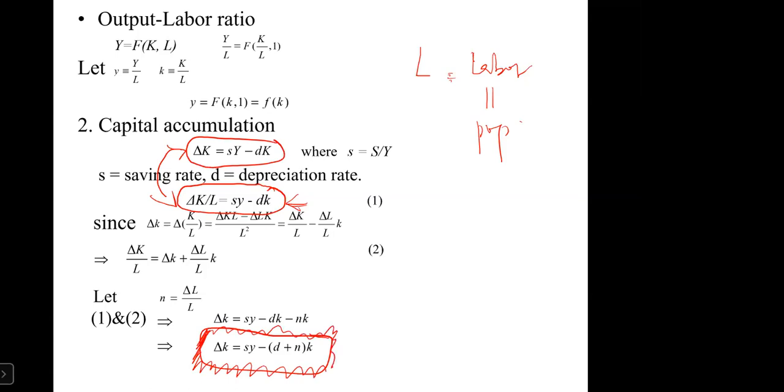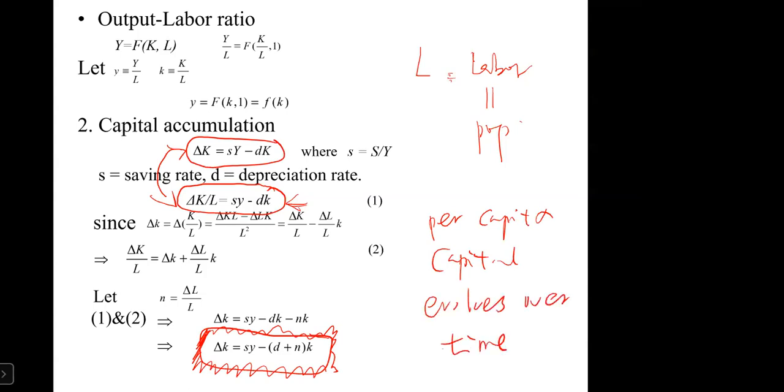This key equation tells you how per capita capital evolves over time. And the economic interpretation for this equation goes as follows.